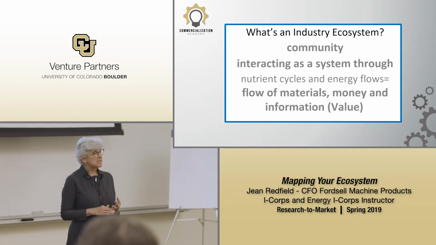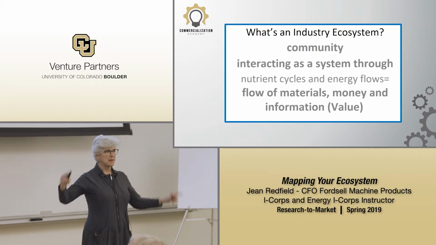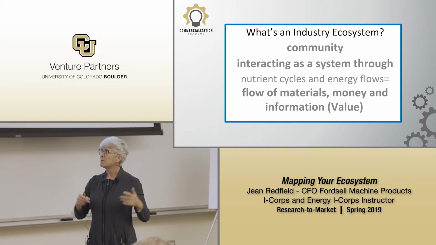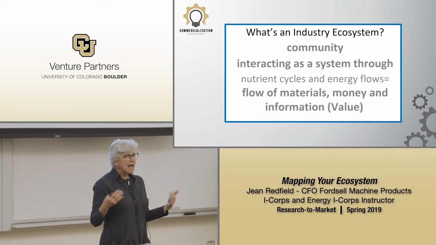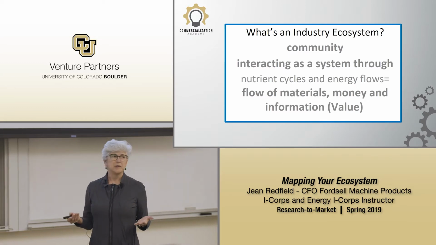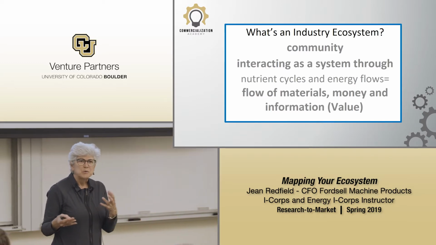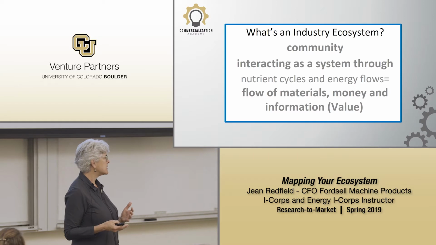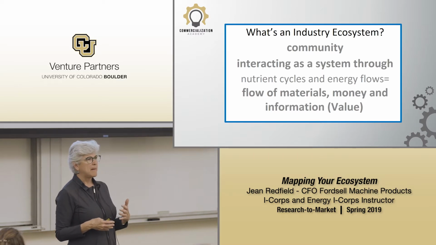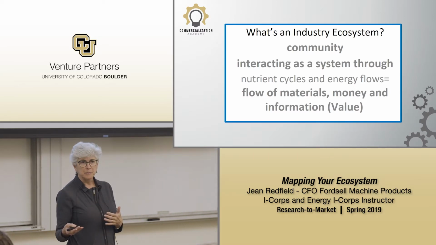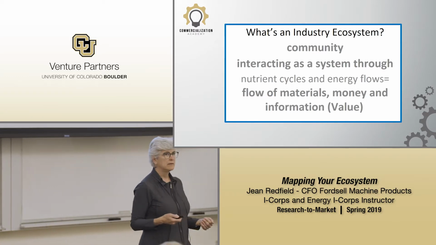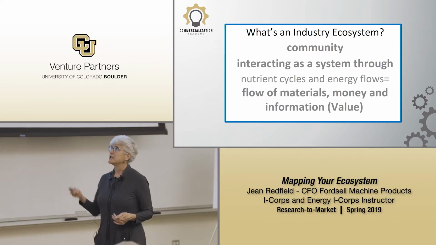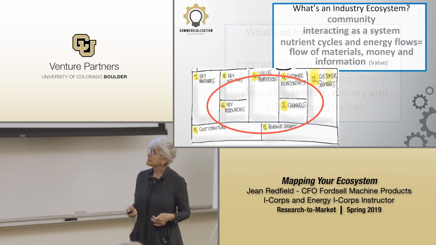That's interacting as a system, meaning it has some defined boundaries. The nutrient cycles and energy flows, I think about as materials, money, and information, those things that flow between the actors in the ecosystem and provide the feedback loops, the success and failure parameters, et cetera. So when I think about an industry ecosystem, that's what I think about.